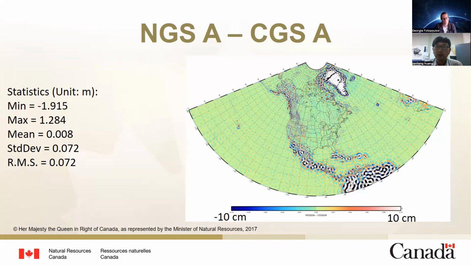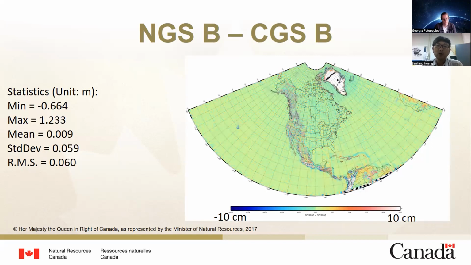The major differences are shown over mountain regions. The difference over Greenland is because of ice correction. The CGS model includes ice correction, while NGS does not. The difference over Mexico and Central America is still to be understood.